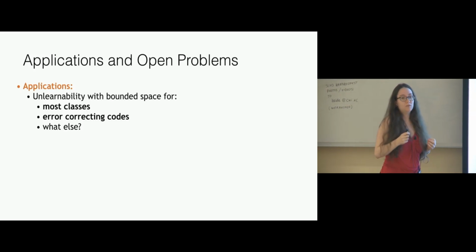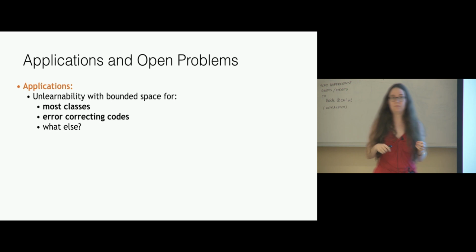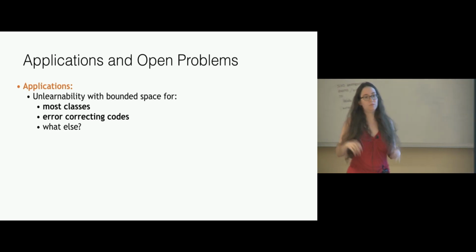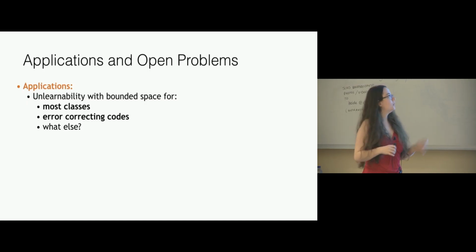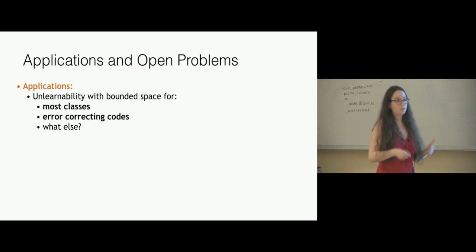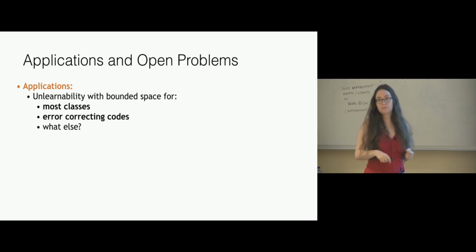Another implication we have, from a theorem from random graph theory, is that if the class contains hypotheses that are far apart, which we call error-correcting codes, then again, this class cannot be learned with bounded memory. The immediate type of question is to prove other applications of this work.